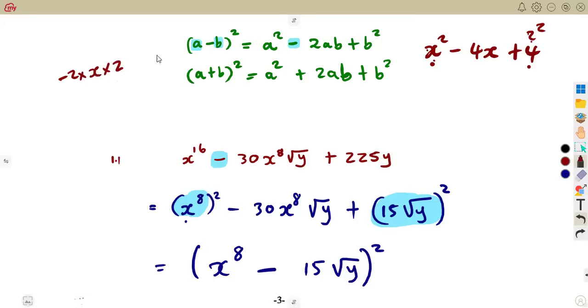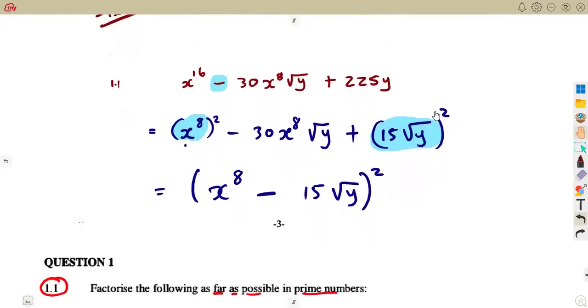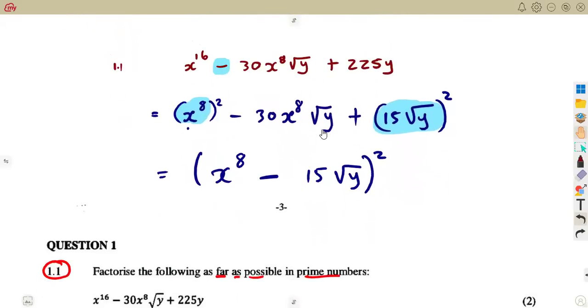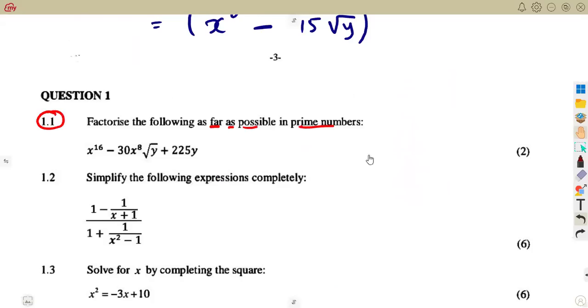If we multiply this, you see that we get the minus 4x. So meaning to say this x squared minus 4x plus 4 was taken from what? x minus 2, squared. A minus b. So our a is x, our b is what? 2. A minus b, squared. If you know this, guys, it can be used especially in complicated expressions like these ones. If you understand that, it is going to be easier.